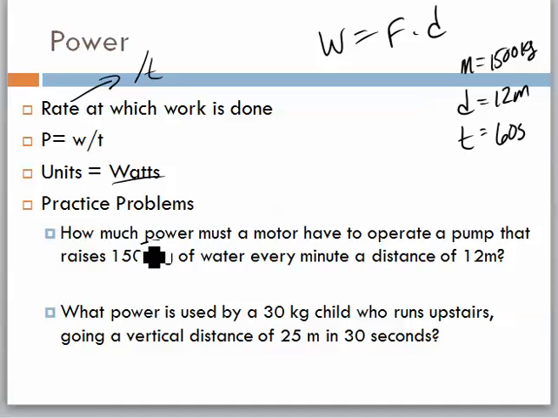Well, to find the power, I need work divided by time. I don't really have a work here. But I can go back and find my force by using the weight of the water. And that would be the mass of the water times gravity. So that right there would be 1,500 times 9.8.